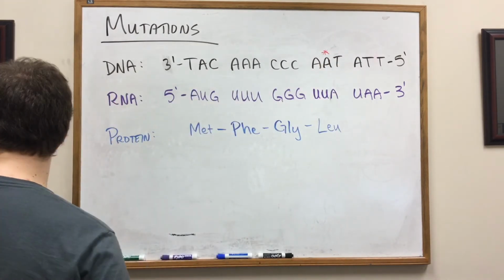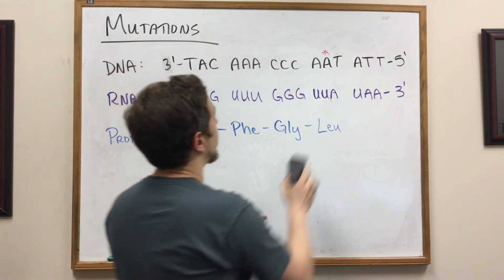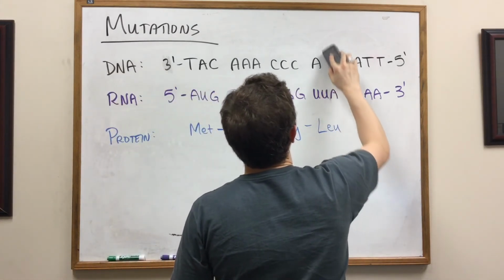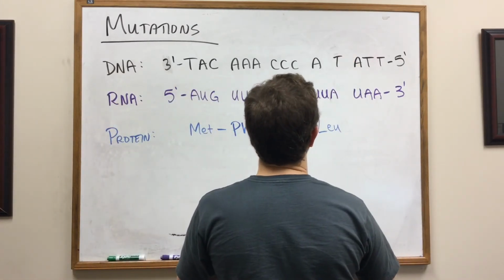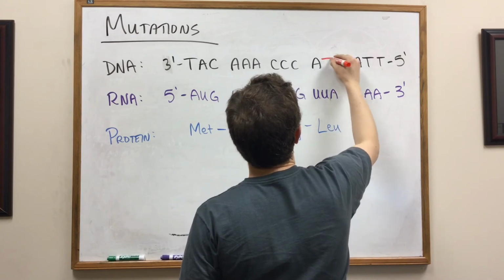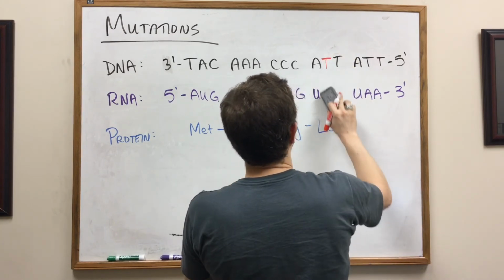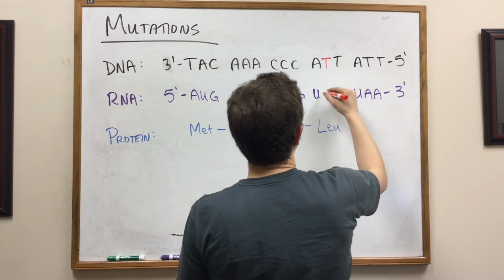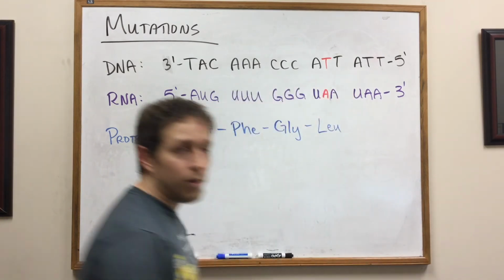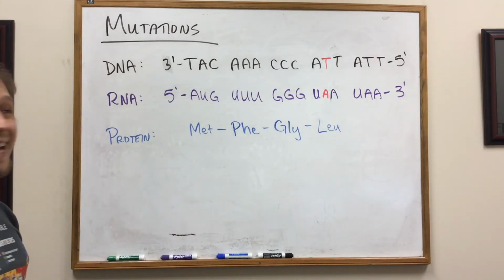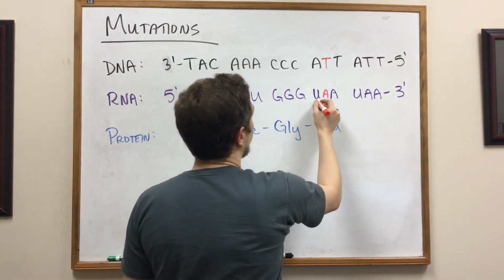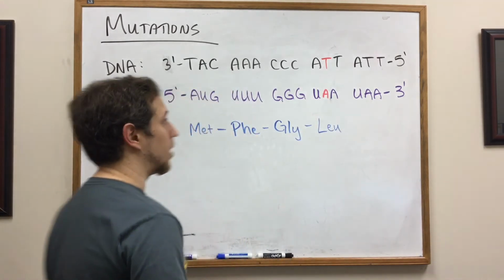And this adenine is now going to be mutated to a thymine. What that's going to do is convert our mRNA sequence to UAA, which you'll remember is a stop codon.